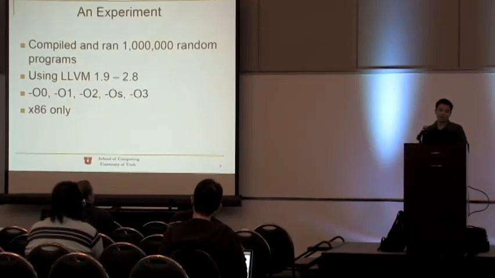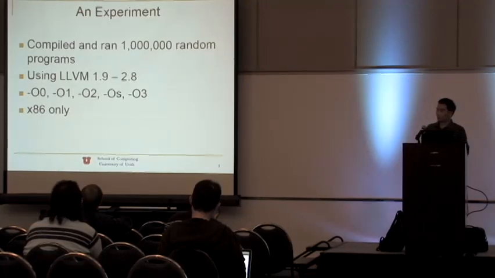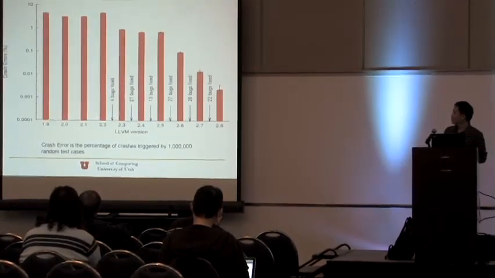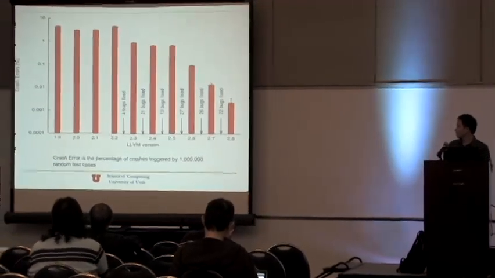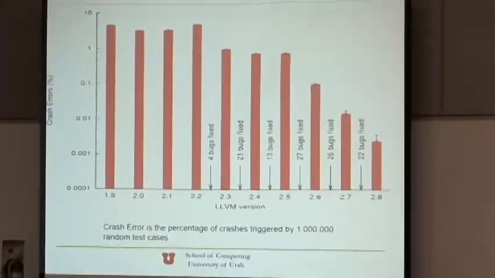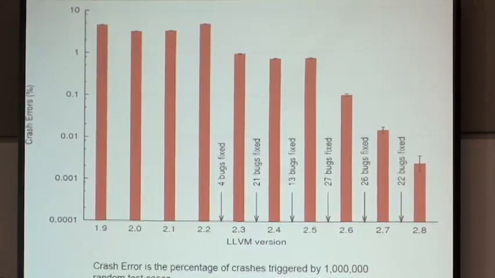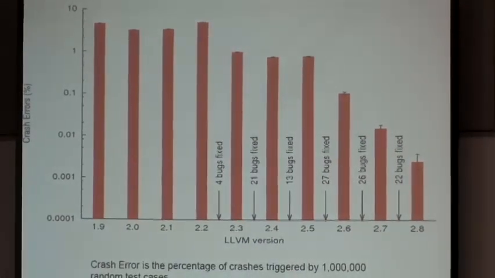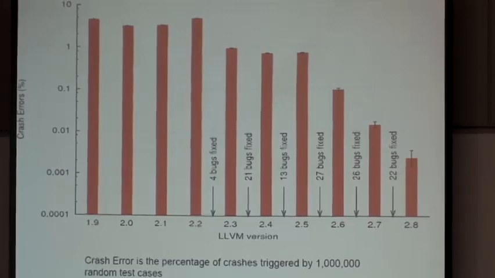And we try to find the crash errors and wrong code errors triggered by those test cases. In this graph, the x-axis is the release version of LLVM, and the y-axis in log scale is the crash error percentage of those test cases. So 1% means we found 10,000 crashes out of the 1 million test cases.